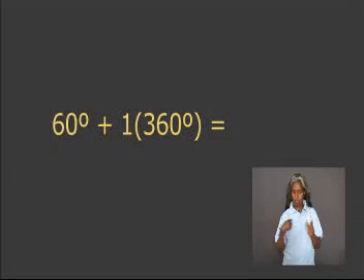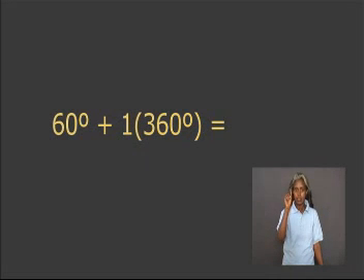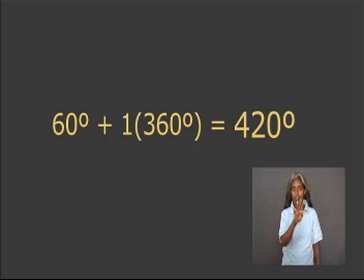Let me give you an example. If we want to find the closest coterminal angle to a 60-degree angle, we take 60 degrees and then add 1 multiplied by 360 degrees. The answer is 420 degrees.